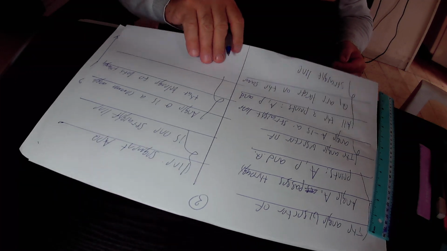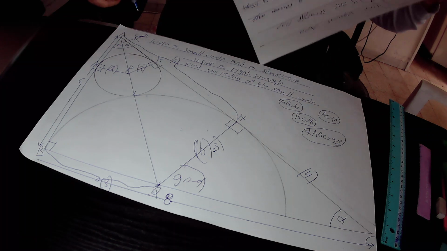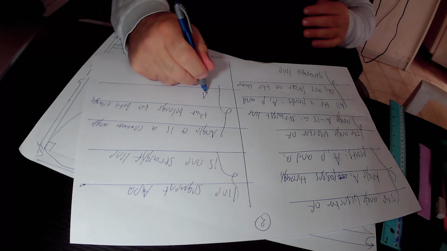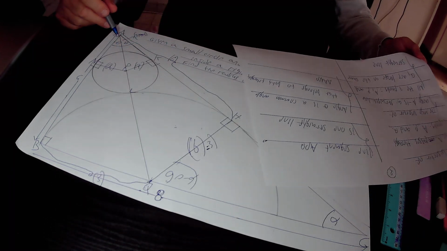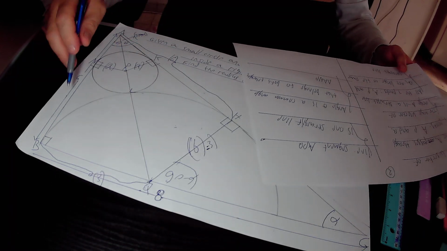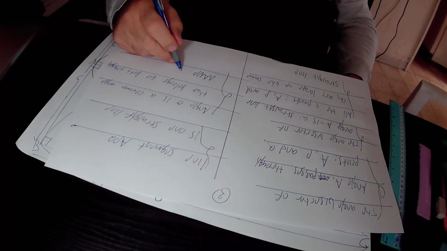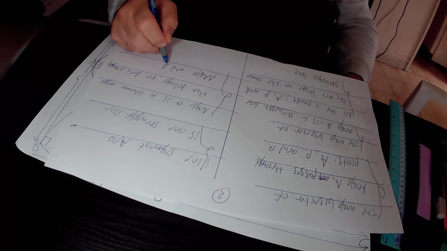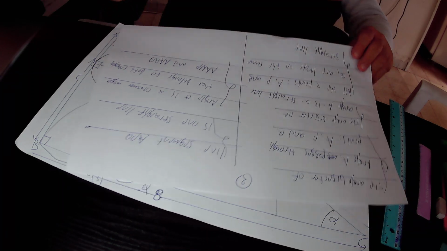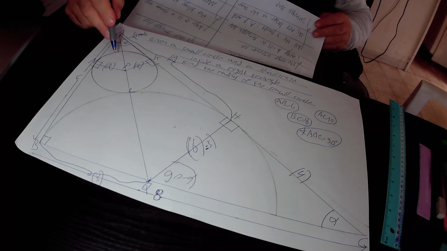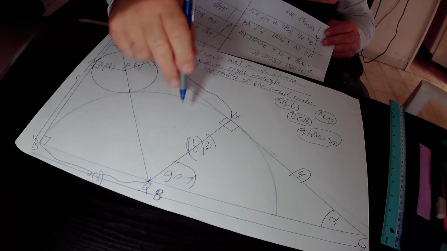It belongs to the small right triangle AP, and this angle theta also belongs to the big right triangle, triangle ABQ. Repeat again, angle theta belongs to the small right triangle AP, and this angle theta also belongs to the big right triangle, triangle ABQ.